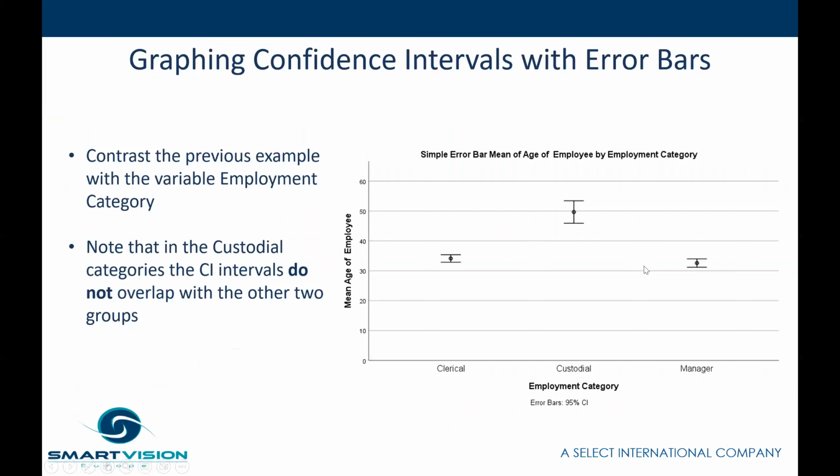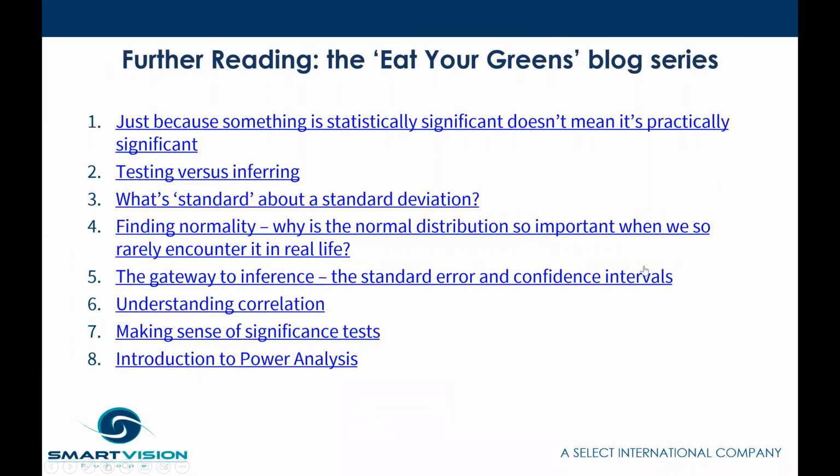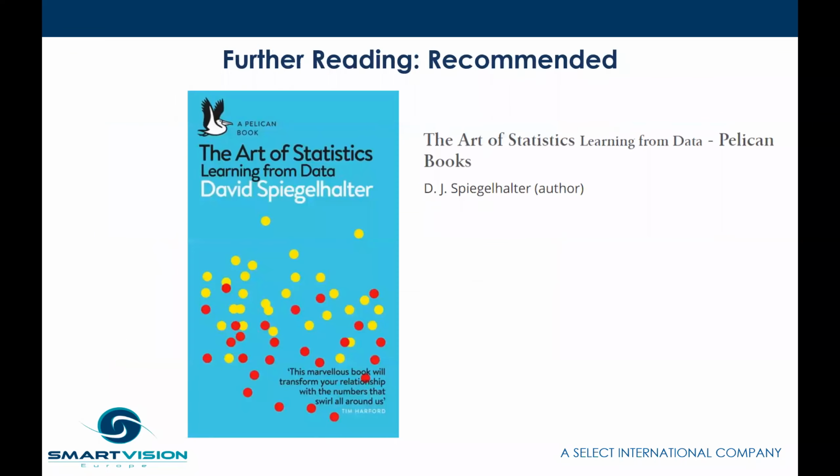Okay, so further reading that would be useful to follow up on this, we have a little blog series called Eat Your Greens. You might want to go onto our website and check that out, which covers much of the ground we talked about beforehand, and also goes into a little bit more detail, like what's standard about standard deviation, finding normality, and why the normal distribution is so important when we rarely encounter it in real life, and gives you further reading.